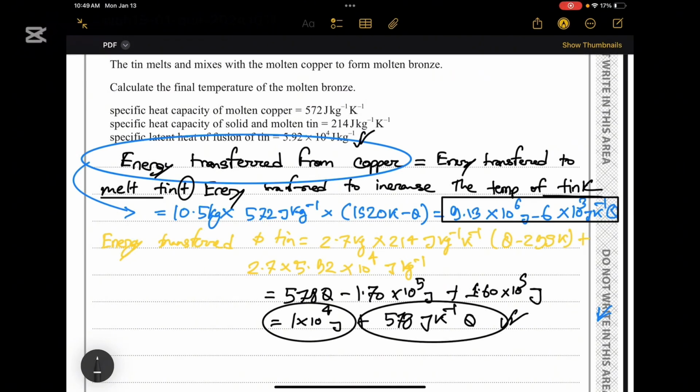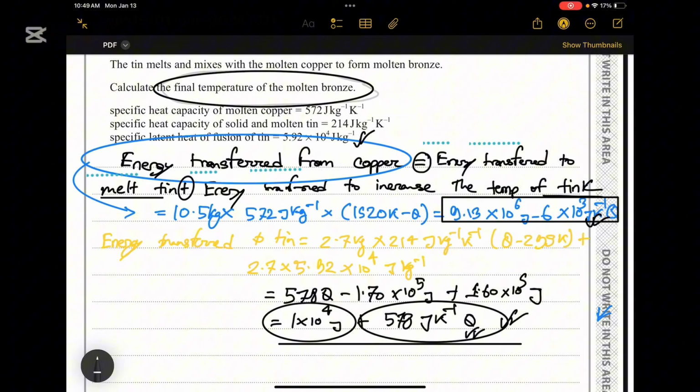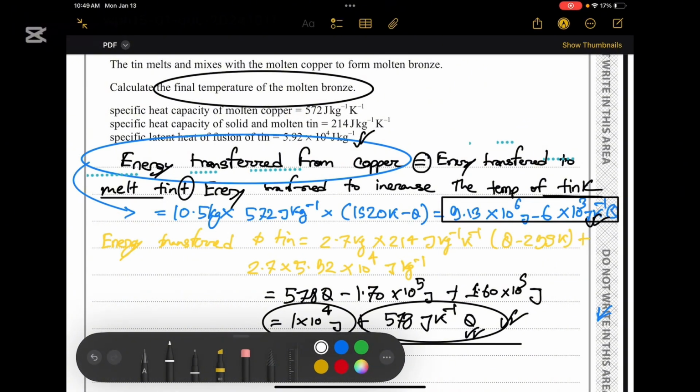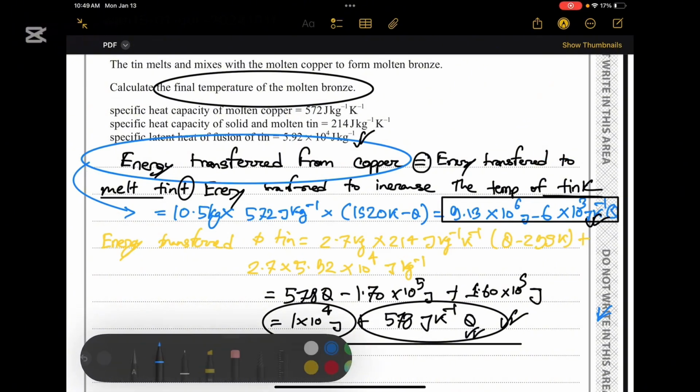So these are the two values that we have got, and we know they are equal, right? So we can write this value equals these two values, and then we can figure out the value of theta, which was the main question.